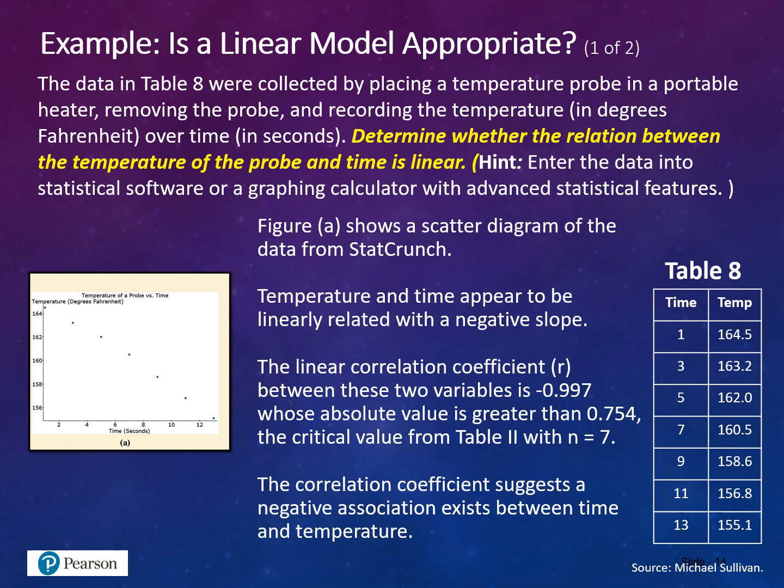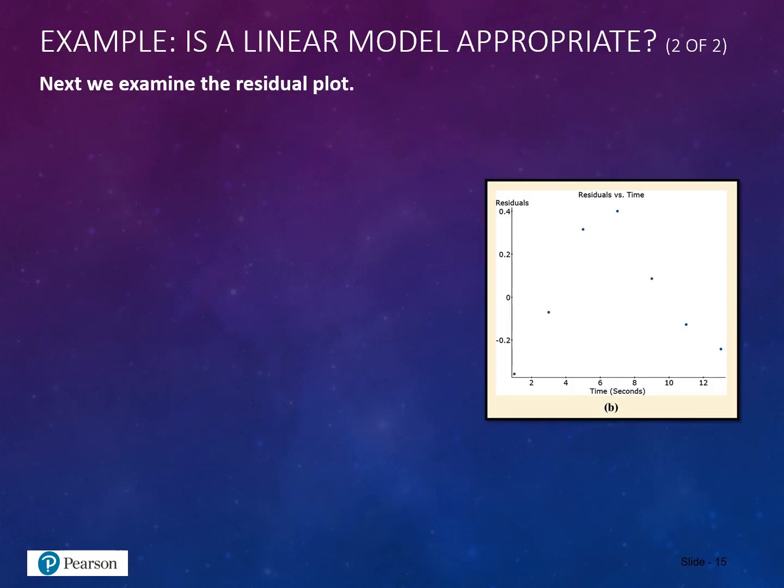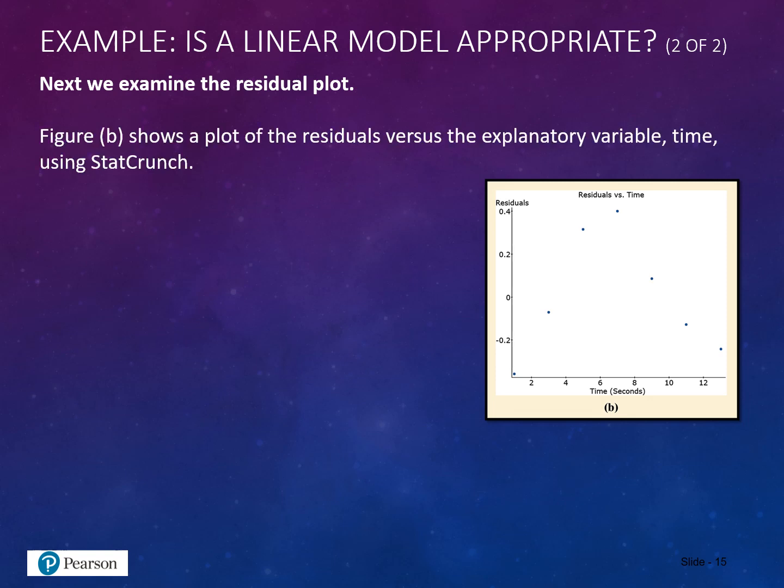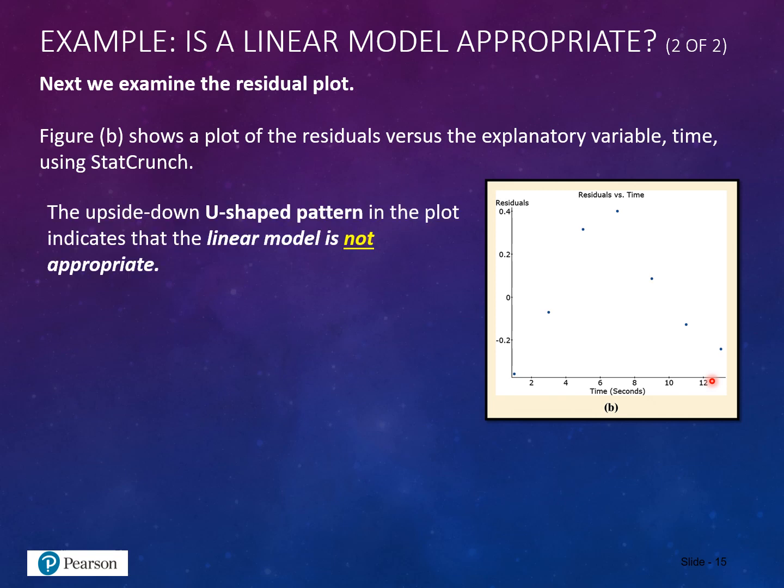However, it's not always clear just by looking at the pattern in the data. This is where the residual plot can really come in handy, where we sometimes get almost like a false positive result from the data. Looking at the residual plot can tell us if a linear model is indeed in order. So figure B here shows a plot of the residuals versus the explanatory variable, time, using StatCrunch.